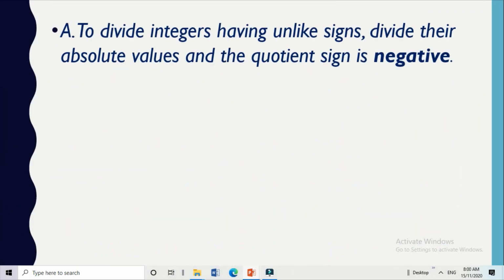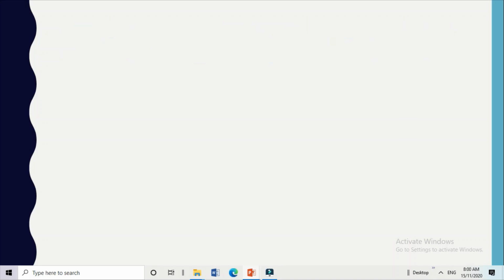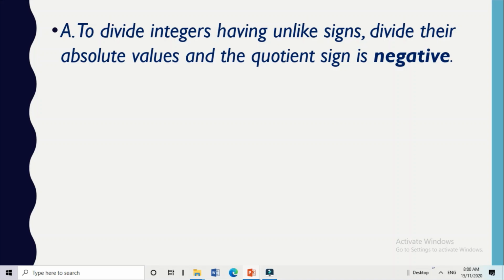Okay, rule number 2. To divide integers having unlike signs, divide their absolute values and the quotient sign is negative. So, dito naman sa pangalawa, pag magkaiba yung sign ng dalawang integers, just divide their absolute values.